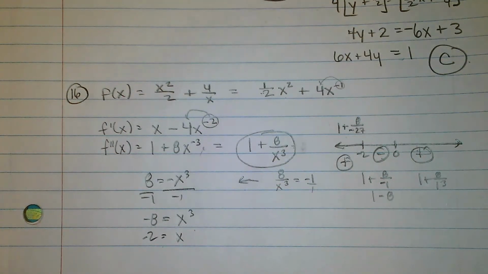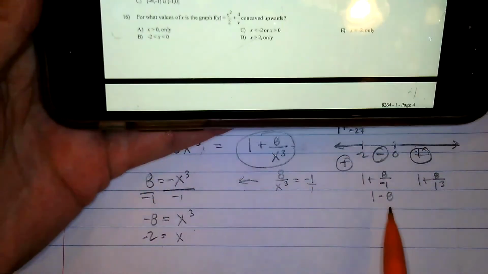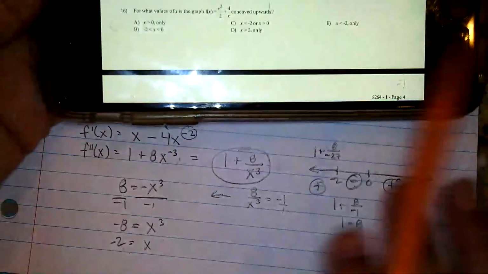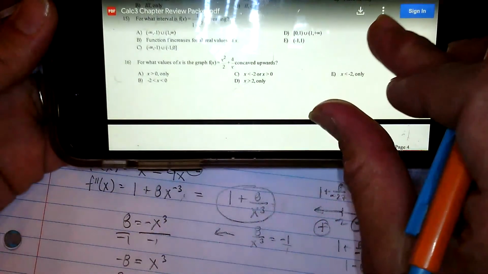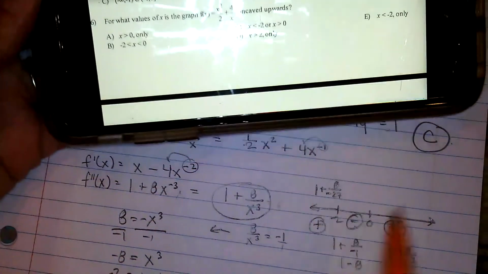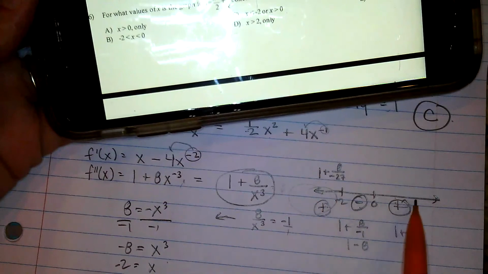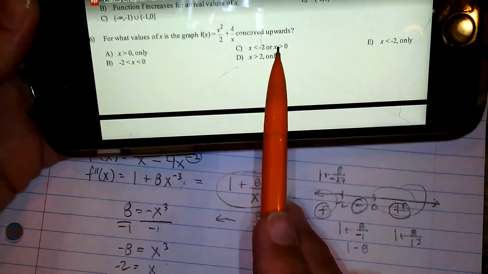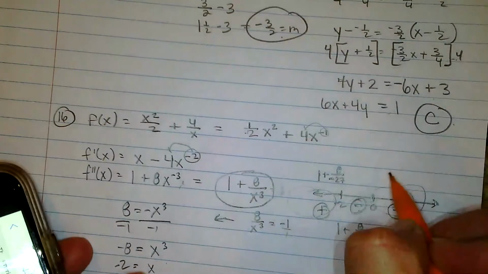And if I look at my options, this was 16. X is less than negative 2 or greater than 0. So that would be option C as well.